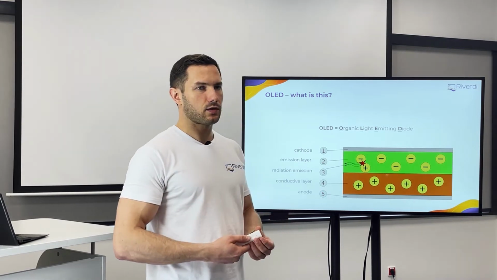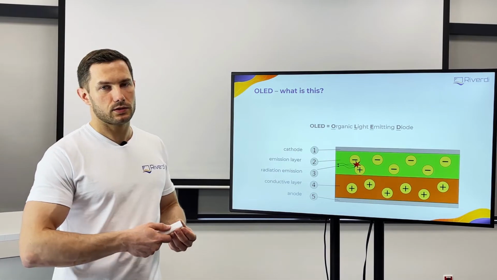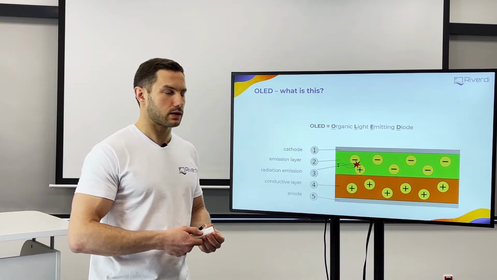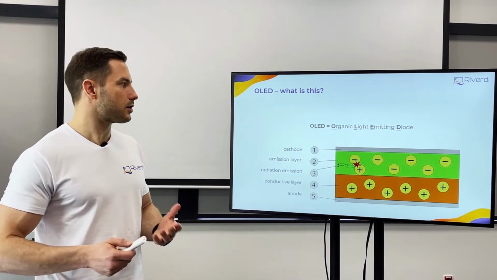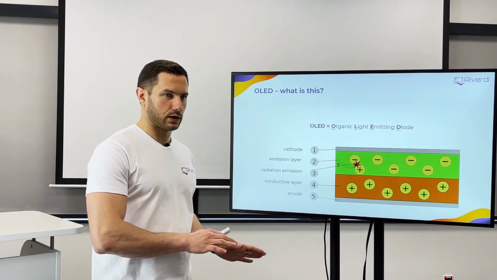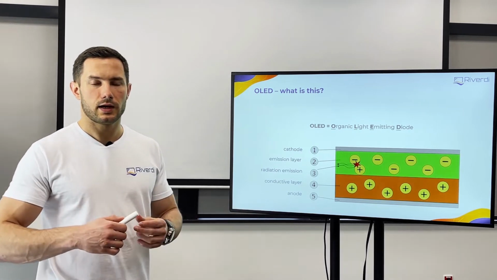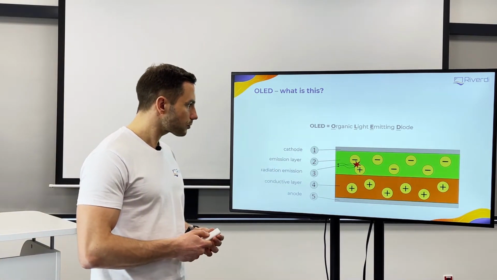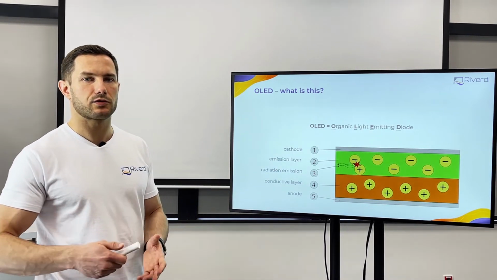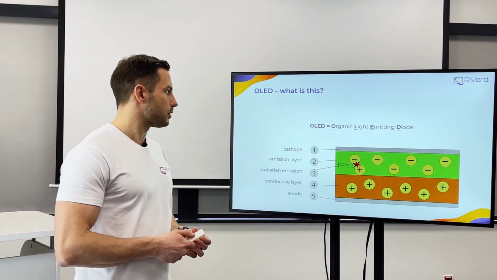And to achieve color in a TFT, we need to use a color filter. Normally it's three color filters on top of the TFT screen, which is RGB. Here it's different. Here we have a material that emits the color itself. So using different materials, we can emit different colors. Pretty much all the colors.